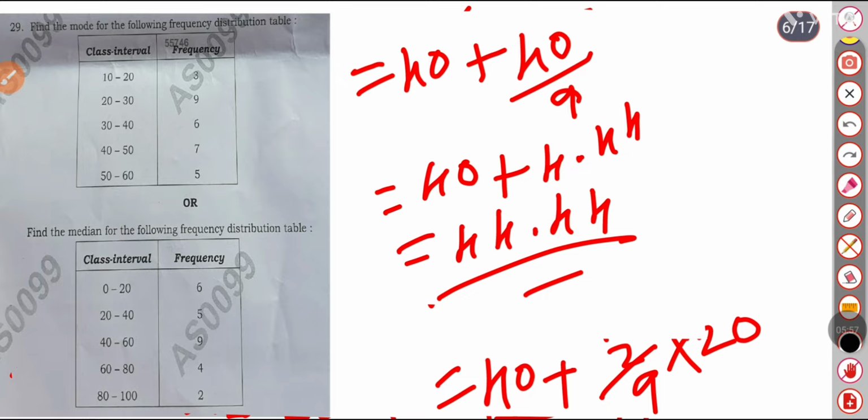Always remember, where we mark the median class, there only the answer will lie. Then your answer is correct. Same for mode and mean also, the answer lies only in the class interval we marked.